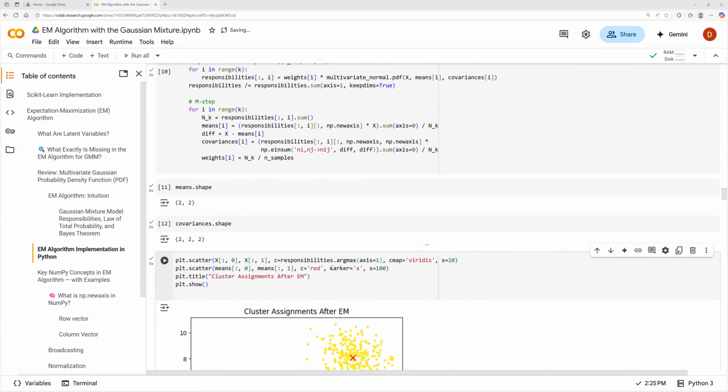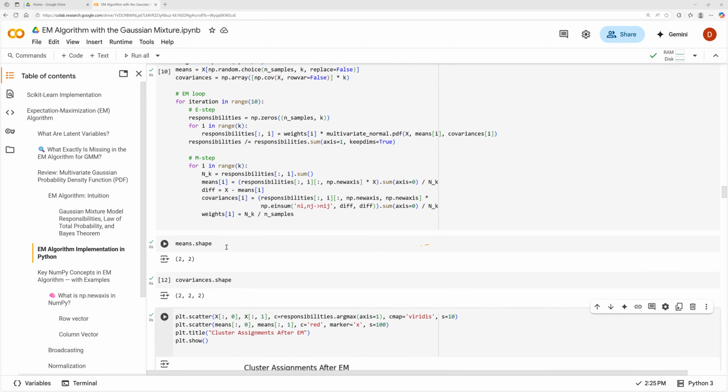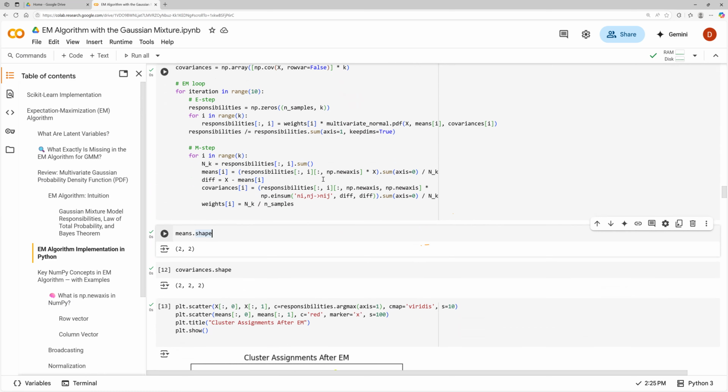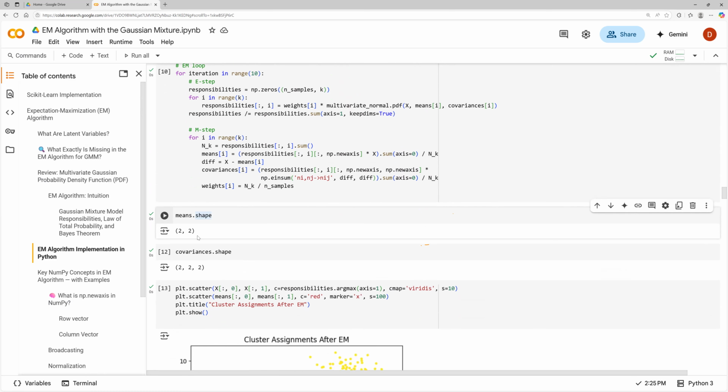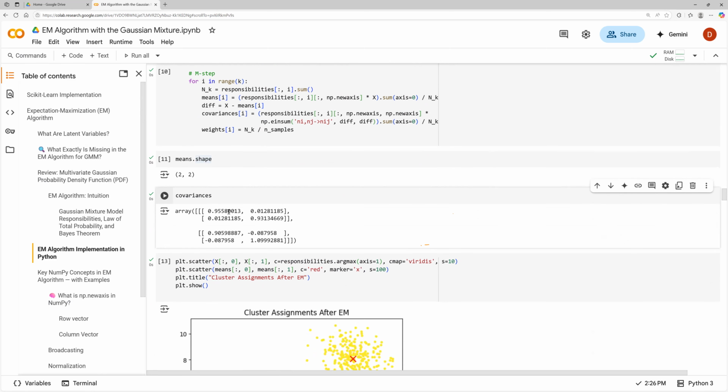That's because the covariances are basically zero. Another point I want to make is about the dimensions. We'll be going over this shortly, but the mean shape is 2, 2, and the covariance shape is 2, 2, 2. It has three dimensions. We see that here. We've got two rows, two columns, and then two matrices.